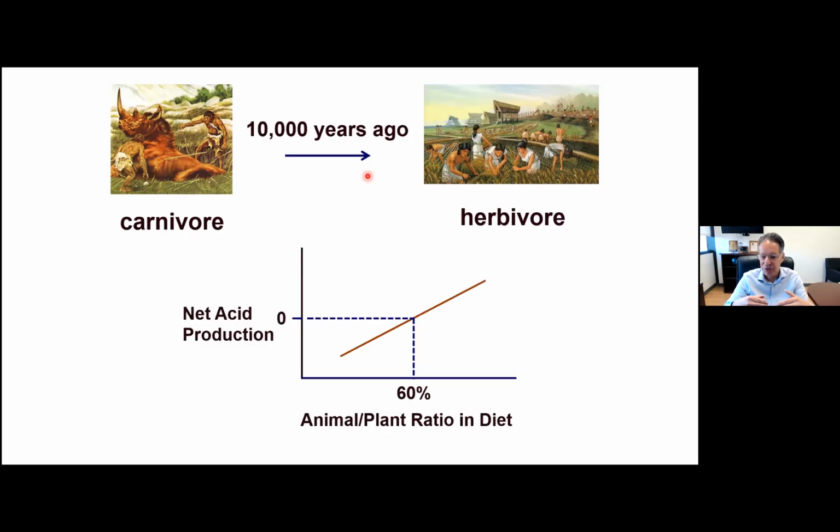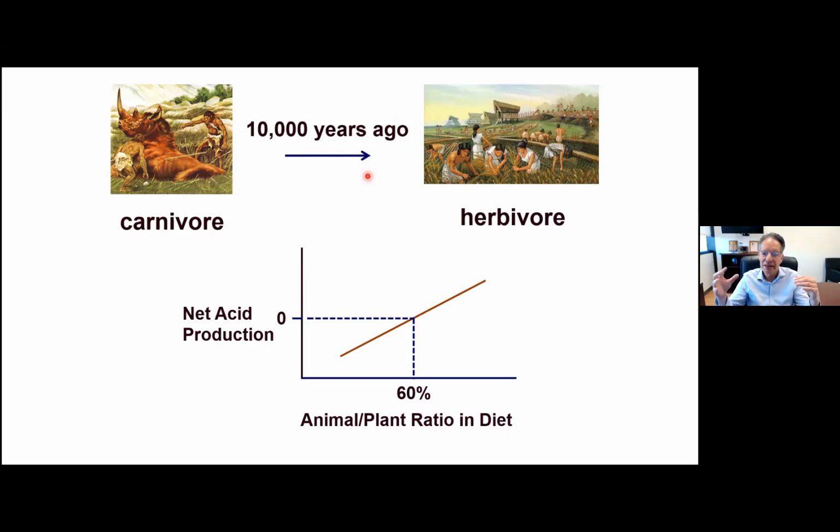It turns out that when you have an animal to plant ratio in your diet of about 60%, your so-called net acid production, and you can think of that as the net proton load, is 0. So as you increase the animal to plant ratio in your diet above 60%, you make more and more and more protons. And there's a whole literature on the significance of that, how it affects your bones, and the effect of that on the elderly, which I won't get into today.